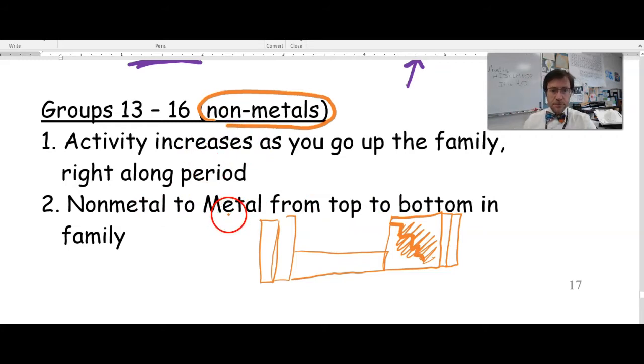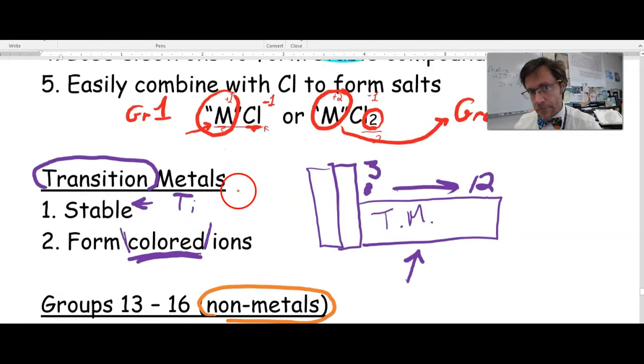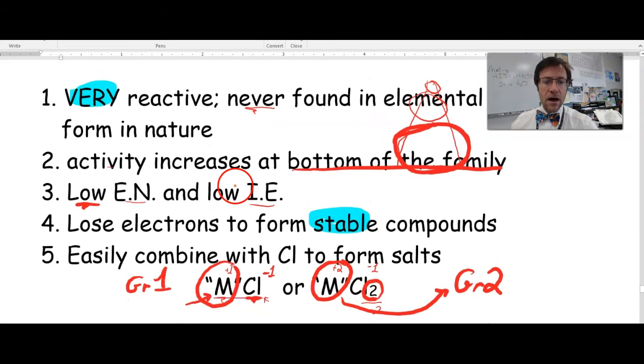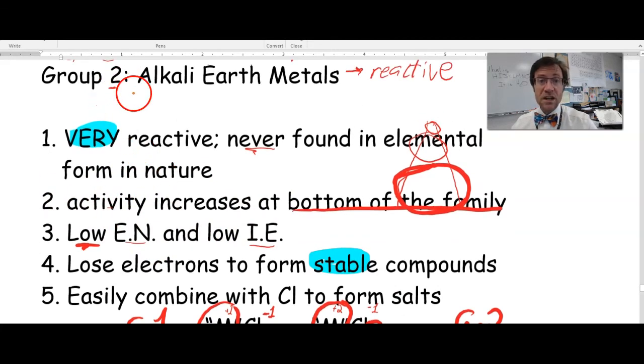Now for these guys, the activity, or the degree to which it reacts, whether it reacts violently and quickly or slow and steady, increases as you go up the family. For groups 1 and 2, the metals, the activity increases at the bottom of the family.